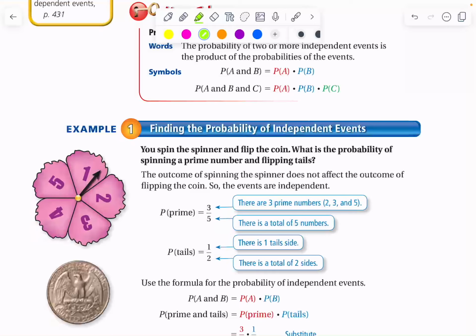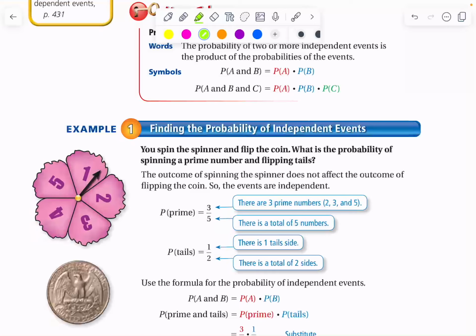Whatever I roll on the dice is completely separate from what I flip on the coin. One of those events is not affecting the other. It doesn't matter what I roll on the dice, that's not affecting what I flip on the coin. So we would call those independent events.